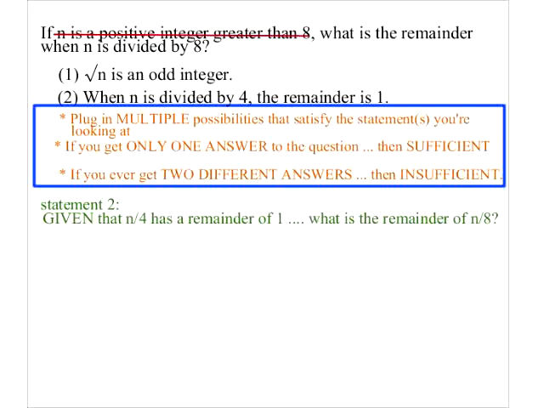So what's important here is that you guys know how to make this kind of thing happen. Does anybody know, how do you make this happen? Like what kinds of n's will have a remainder of 1 when you divide them by 4? There's a couple of them. Not all odds. Like if n is 7, then that won't work.